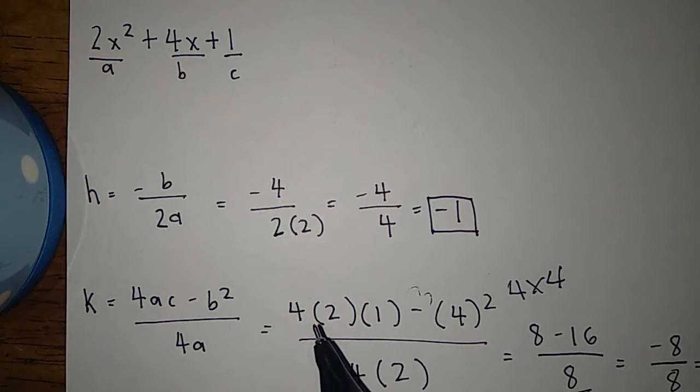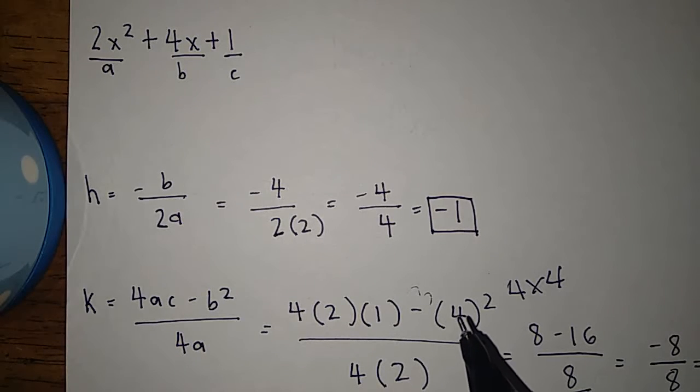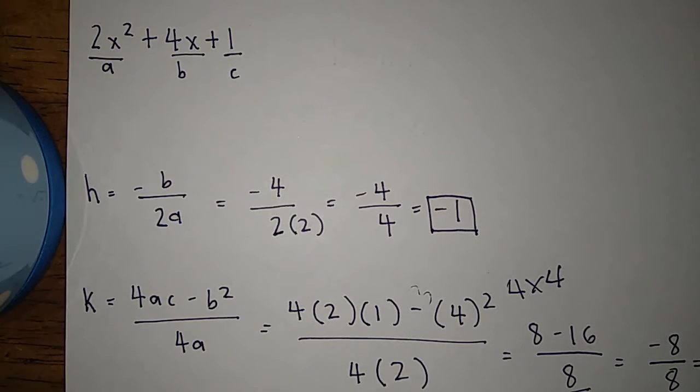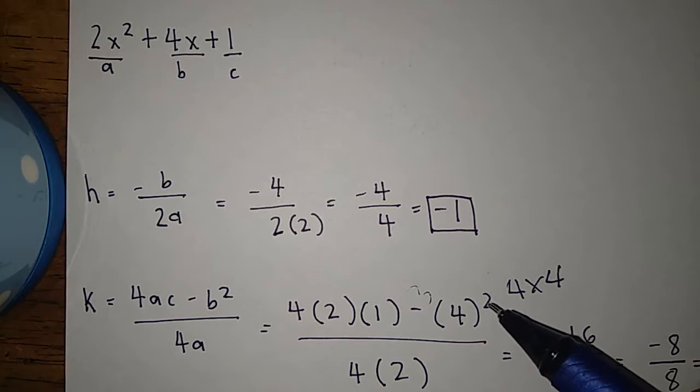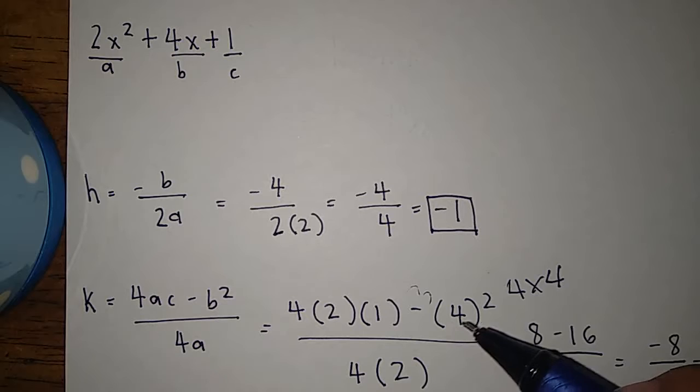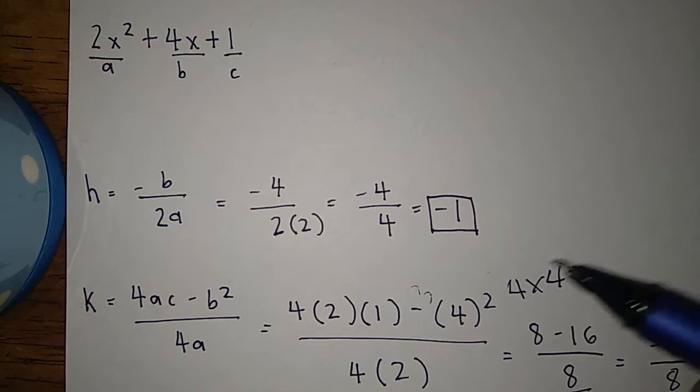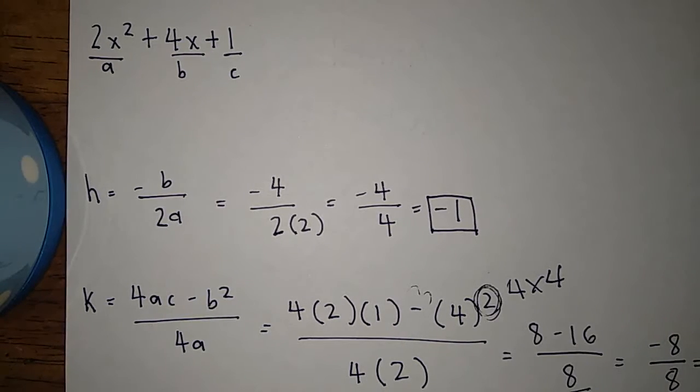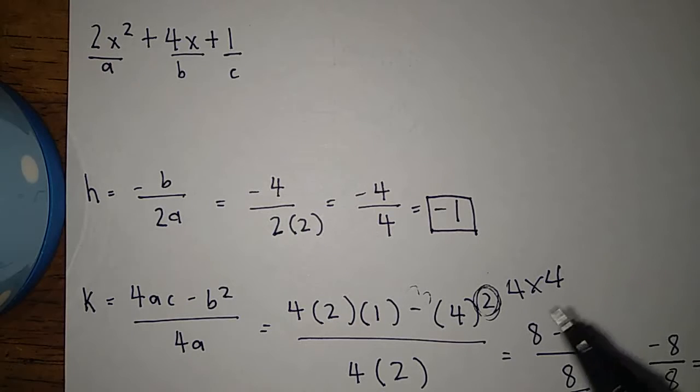Value of a, which is 2, value of c, which is 1, minus b squared, which is 4 squared. 4 squared essentially means 4 times 4, indicating the number 2 right over here, which means multiplying the number inside to itself by the amount of number here, which is 2. Therefore, you're going to multiply 2 4s to each other over 4 times the value of a, which is 2.